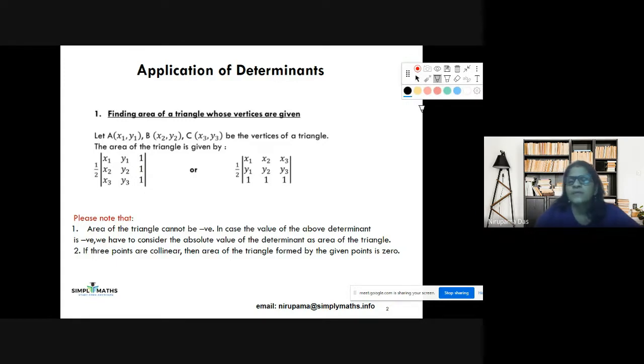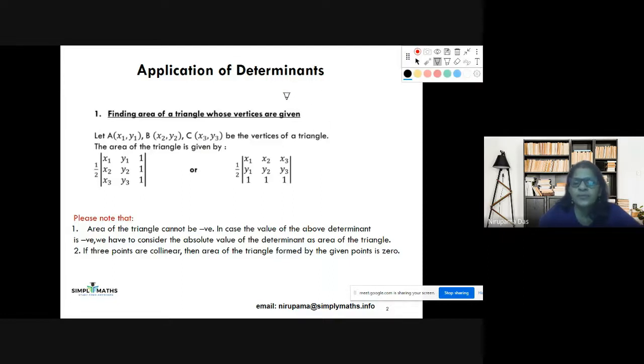When the vertices are given, usually how do we find the area of the triangle? If you remember, we used to take half of x1 into (y2 minus y3) plus x2 into (y3 minus y1) plus x3 into (y1 minus y2).